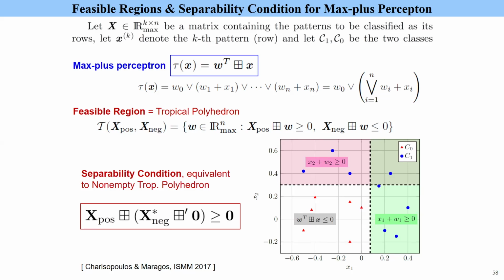And this separability condition is nothing else but an application of solving the system of max-plus equations that I mentioned before using this adjunction. The adjunction here is a max-plus matrix product of the matrix of the positive vectors with the vector formed by the min-plus adjoint matrix of negative vectors and the zero vector.